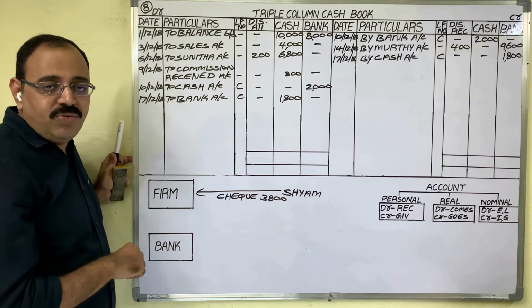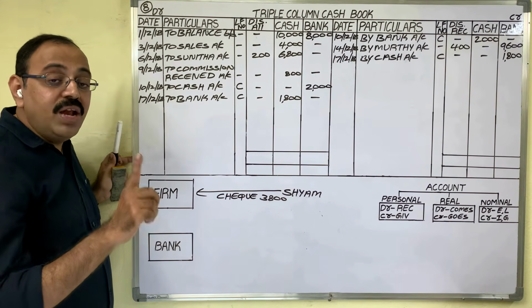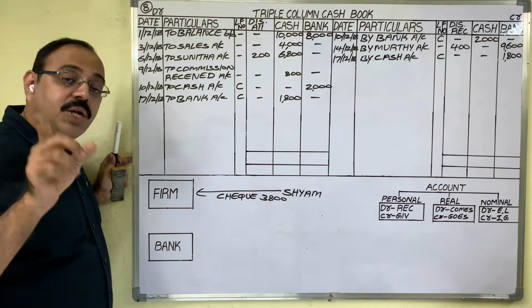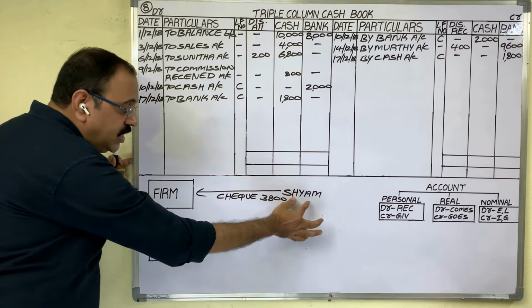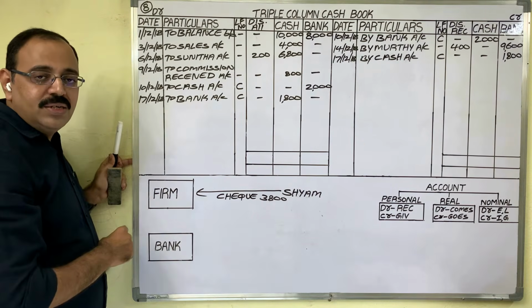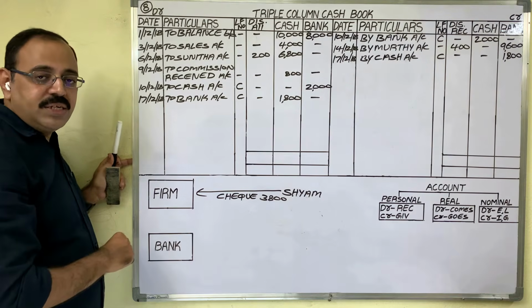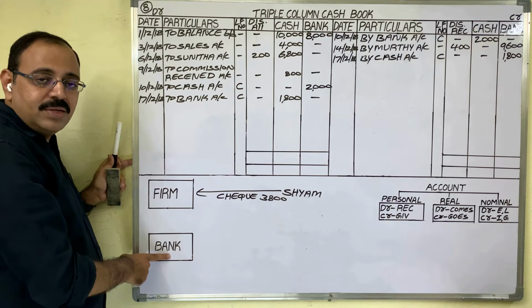Now the important question is, when we are receiving the check and when we are depositing that check into our bank. In present transaction, we received this check from Shyam on 24th date. On the same date, we are depositing that check into our bank.